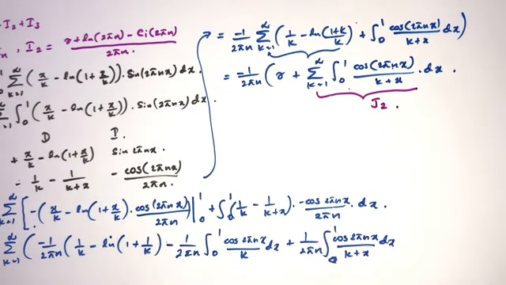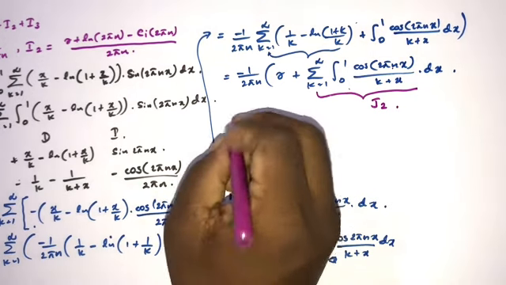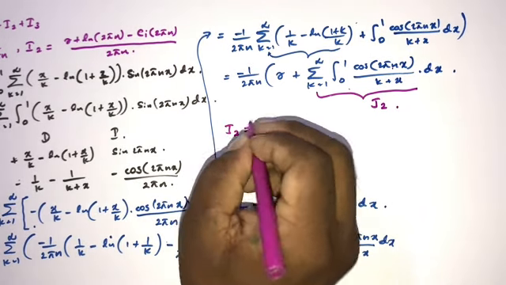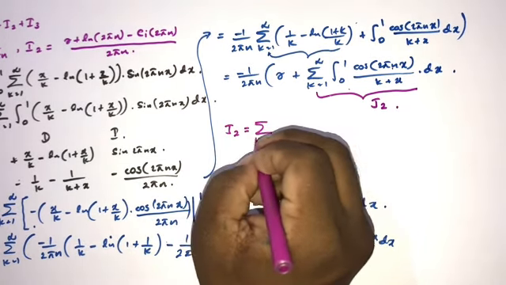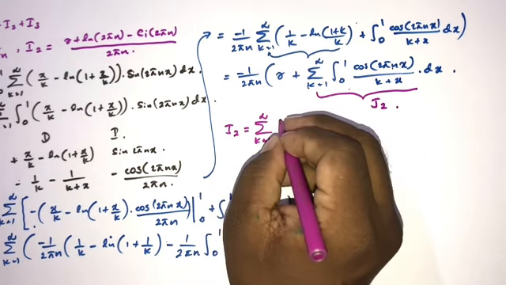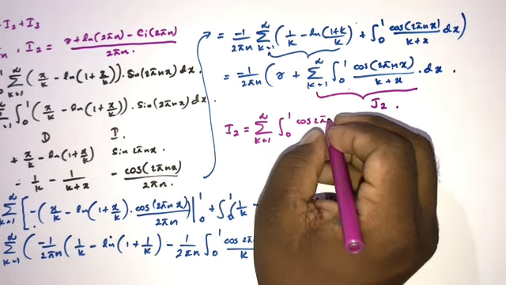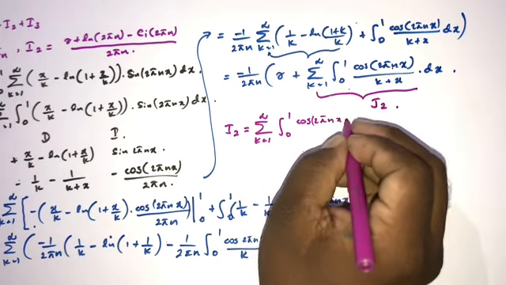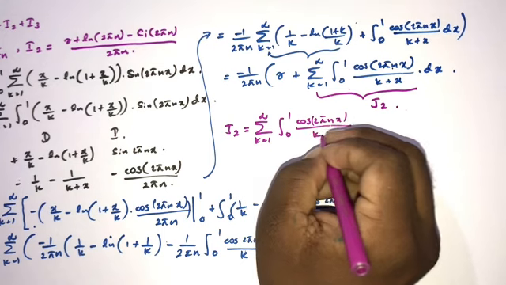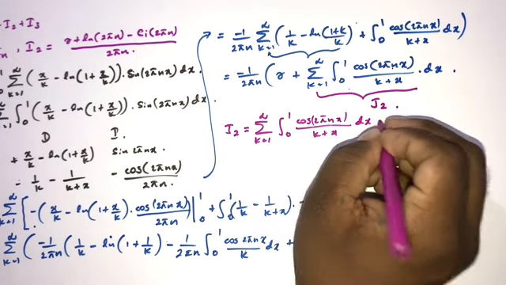So now we can write j2 is equal to the infinite sum, k equals 1 to infinity, of the integral from 0 to 1 of cosine of 2 pi nx over k plus x dx.